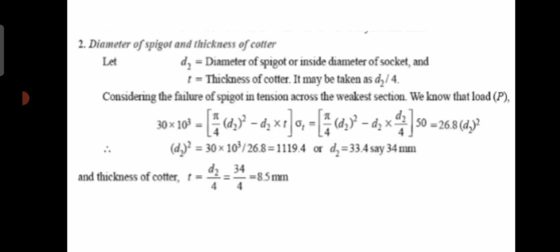Sigma T is given in our problem. If we substitute our values in this formula, we can find d2 equal to 33.4. So finally we may say 34 mm. Thickness we know, small t equal to d2 by 4. Substituting the d2 value, t equal to 34 by 4, that means 8.5 millimeter.